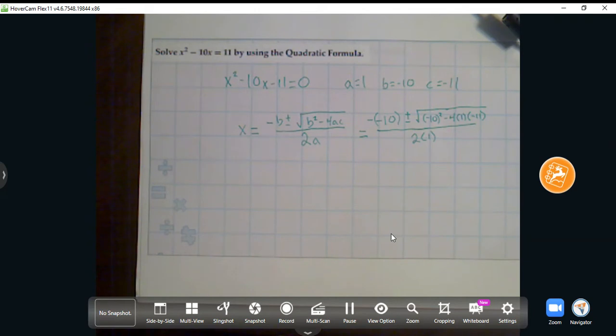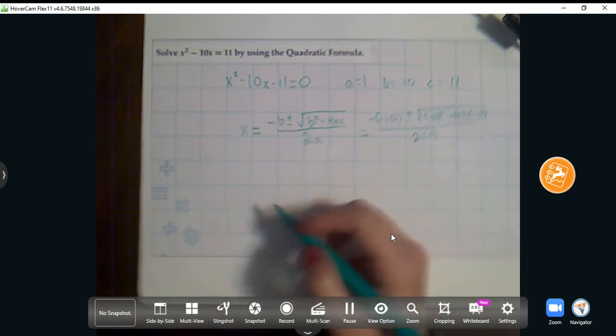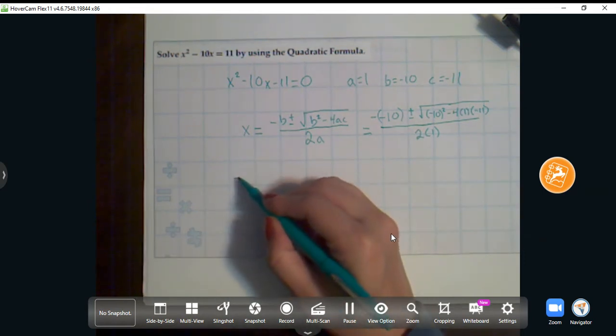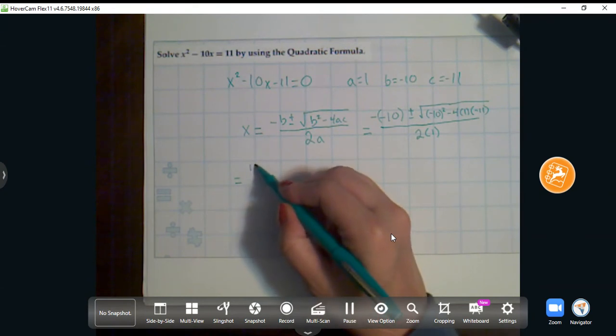So remember, we've talked about just because you can't do the whole thing does not mean that you can't do part of it. So we need to at least be able to plug everything in, find my a, b, and c, and plug it all in to the right spot. And from there, we just need to simplify. So a negative is going to be a positive.